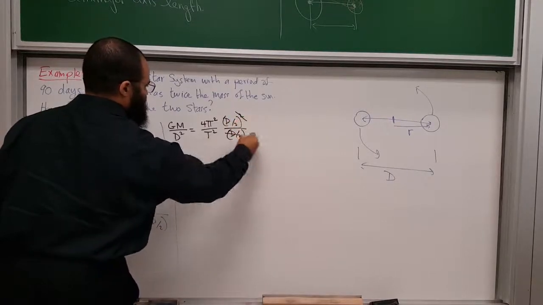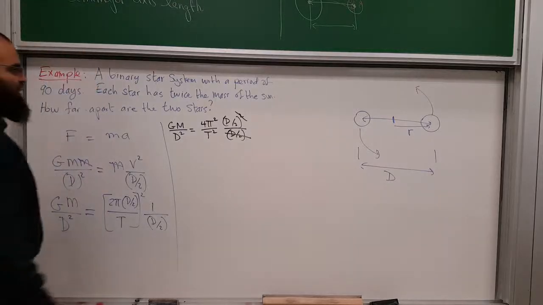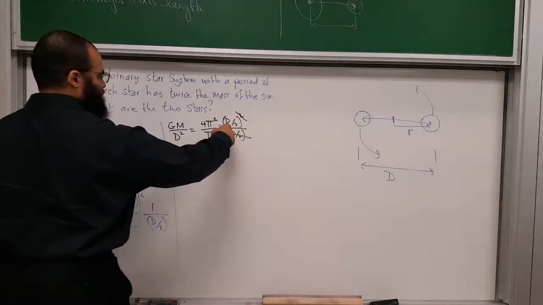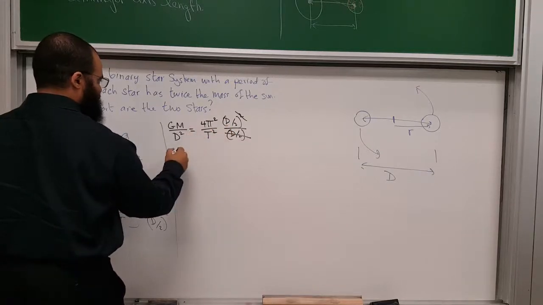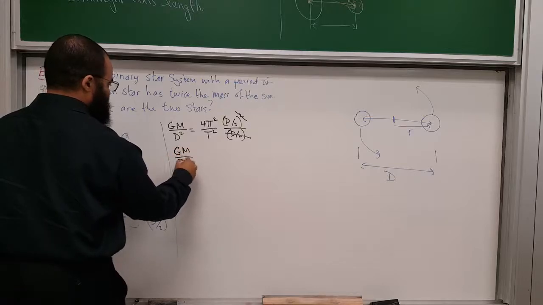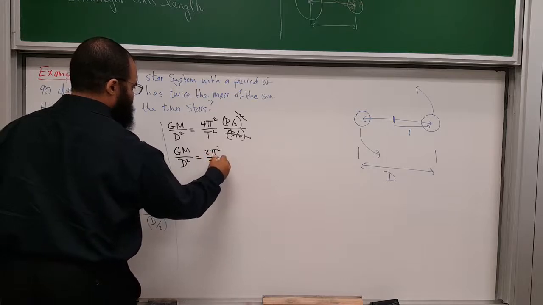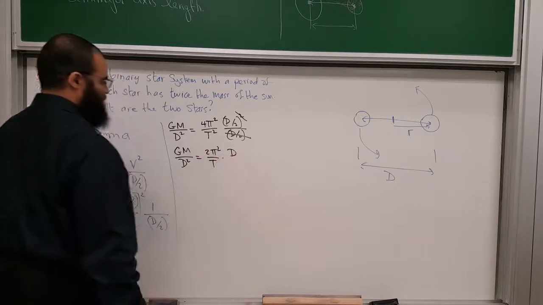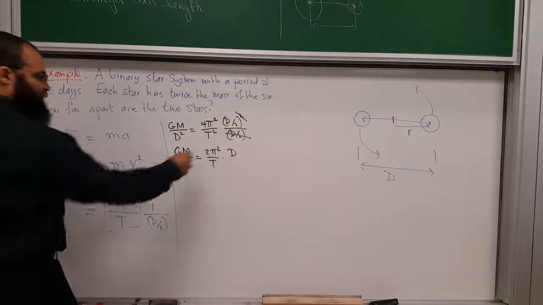Well, this D over 2 cancels. And here I will have D over 2, and then there is a 4 pi squared here, so that becomes 2 pi squared. So I have G capital M over D squared will equal 2 pi squared divided by the period squared times D. The over 2 cancelled with the 4 here. It became a 2.